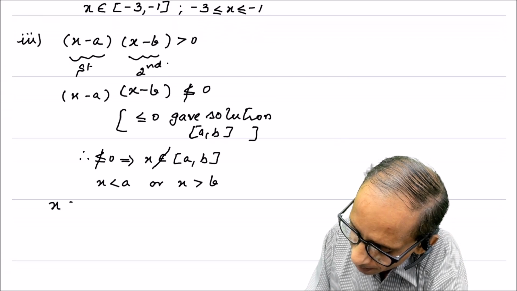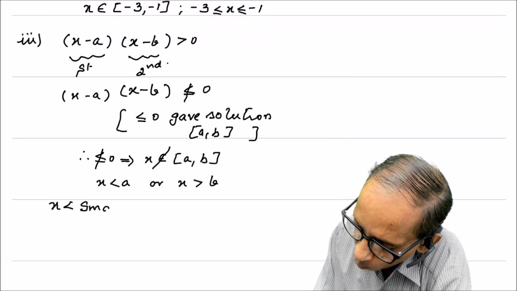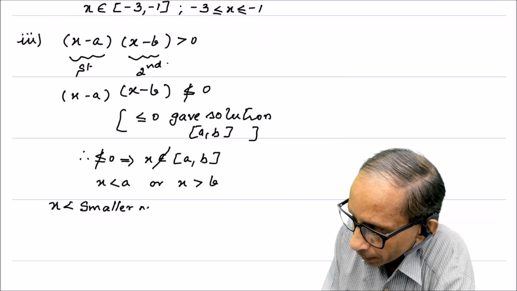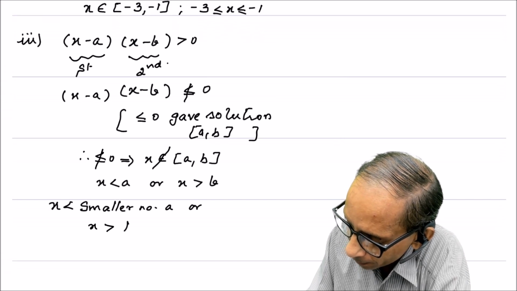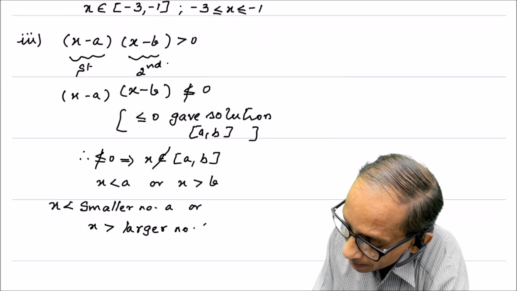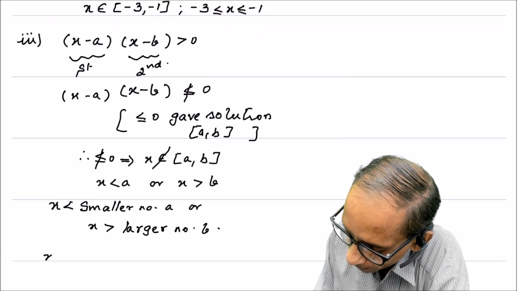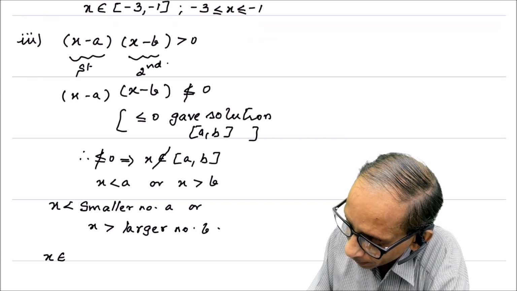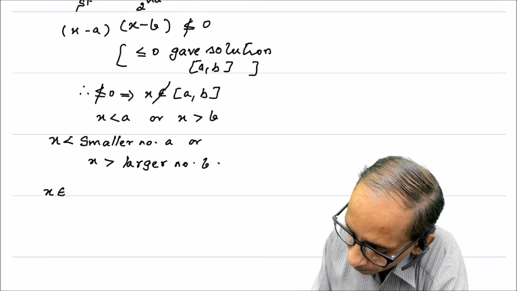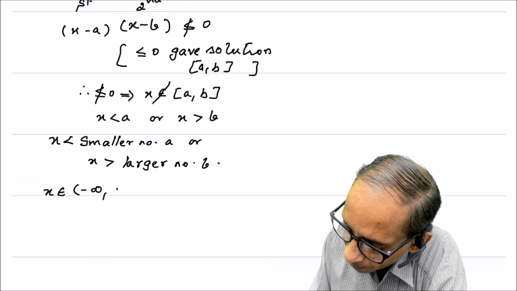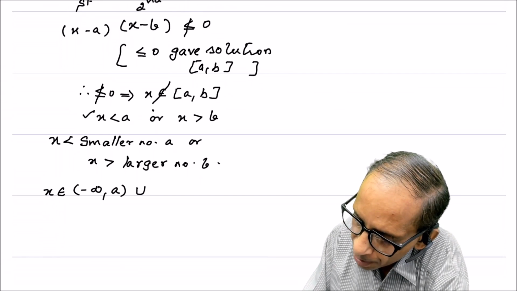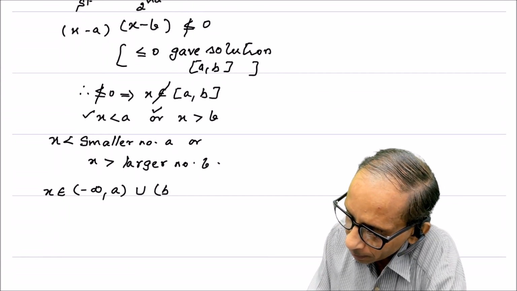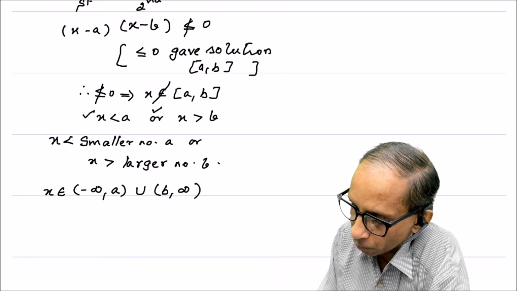That is, x less than the smaller number a, or x greater than the larger of the two numbers a and b, that is b. We can also write it in this particular form as x belongs to minus infinity to a, union to represent or, and then the other solution set we can write in this particular form.